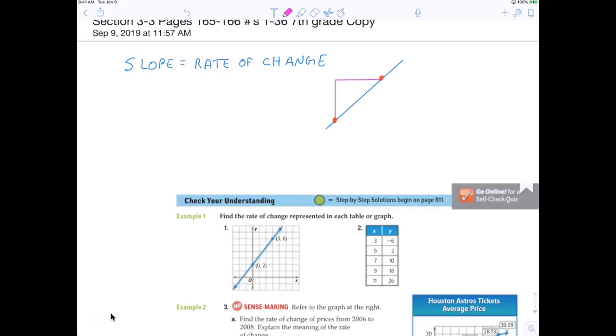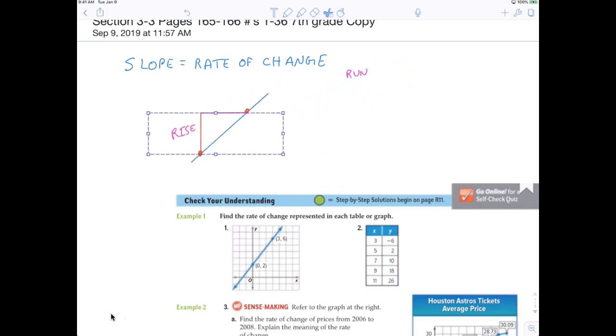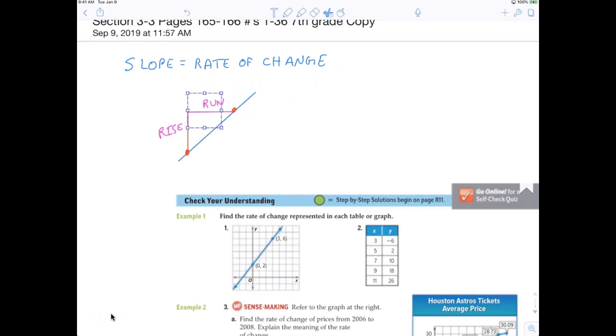In this case, this is referred to as the rise, and this is referred to as the run. So another definition of what someone might be talking about is that slope is the same as the rise over the run.